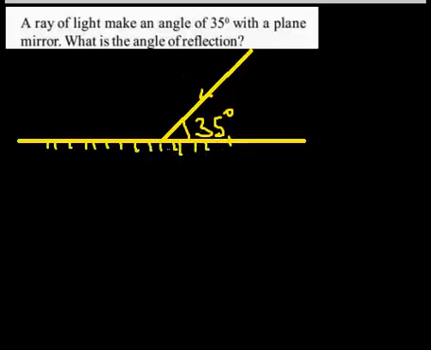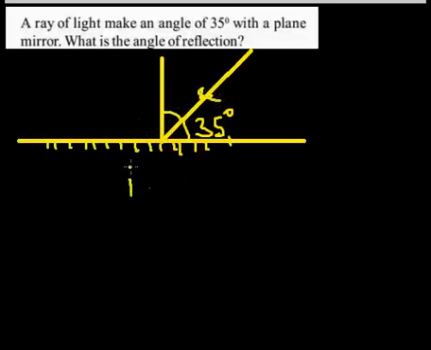We're looking for the angle of reflection. So how do we get it? First of all, we need to get the angle of incidence. If we get the angle of incidence, it is going to be the angle of reflection.